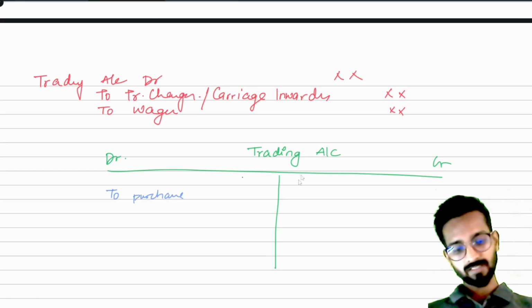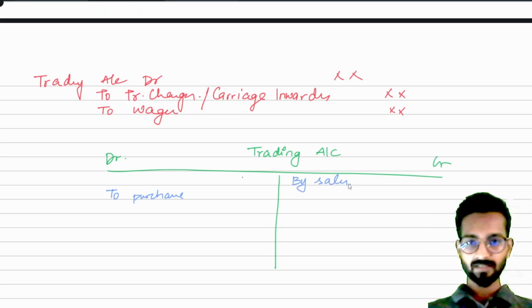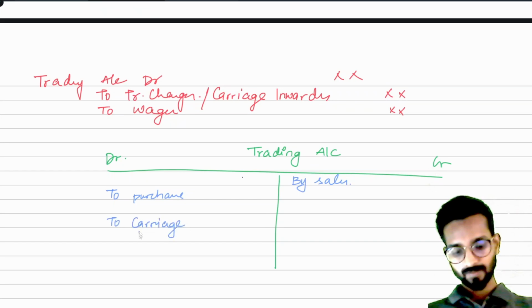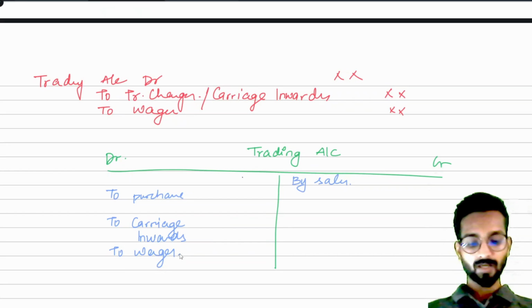Then by sales. Simple. Then carriage inwards, or you can say wages incurred, wages. Now understand, purchase, carriage inward, wages and sales are transferred.